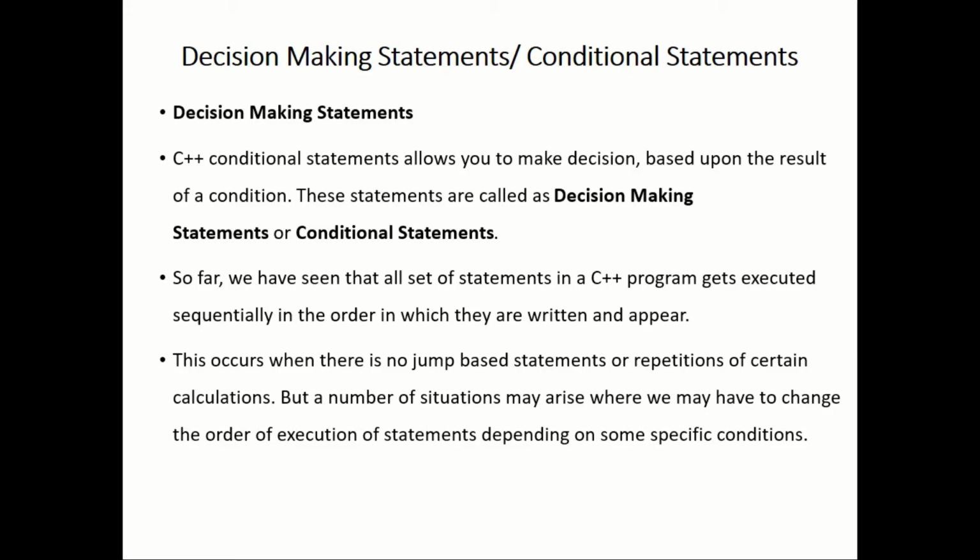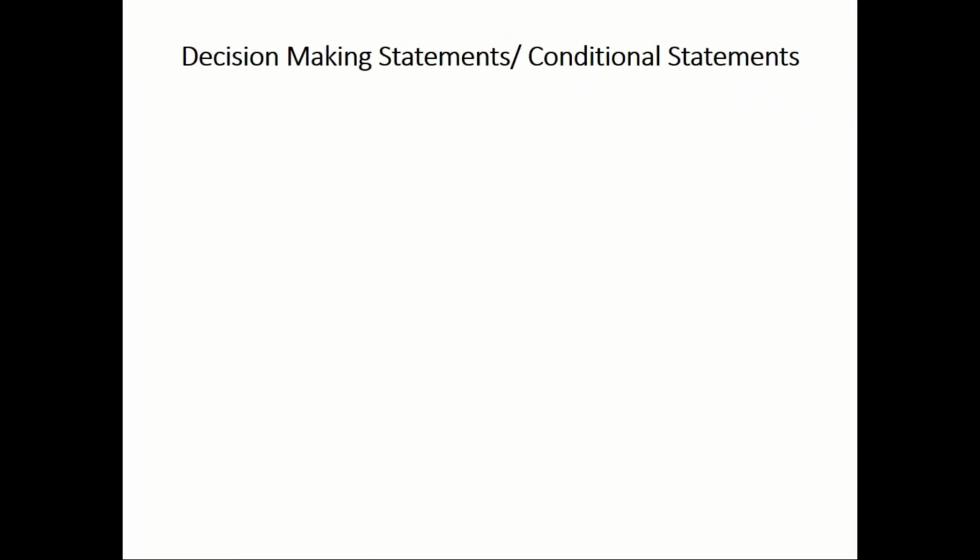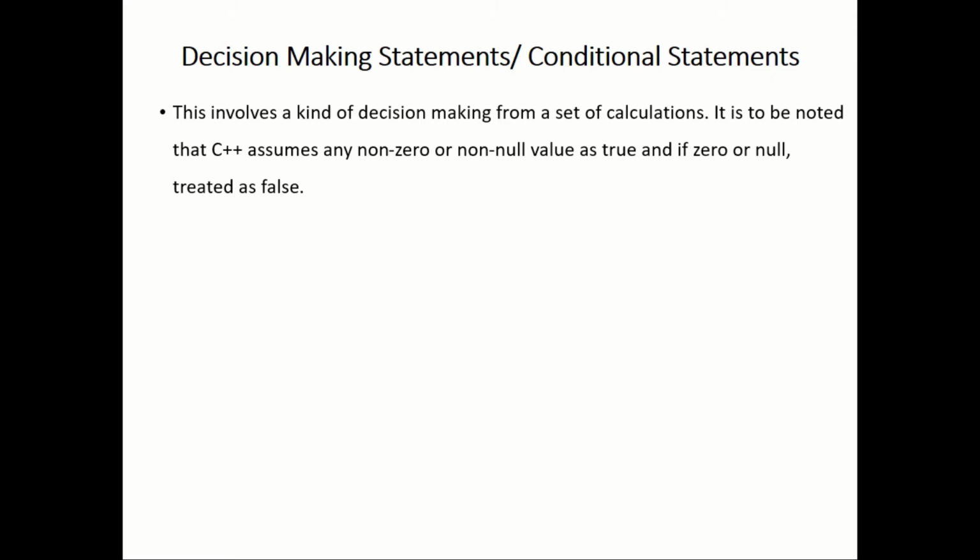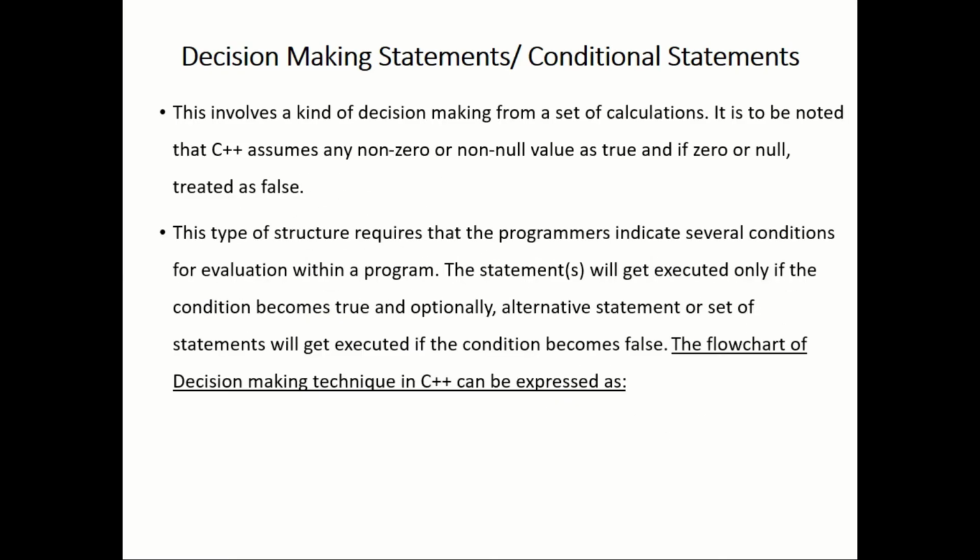But a number of situations may arise where we have to change the order of execution of statements depending on specific conditions. This involves a kind of decision making. It is to be noted that C++ treats any non-zero or non-null value as true, and zero or null values as false. These structures require that programmers indicate conditions for evaluation within a program.